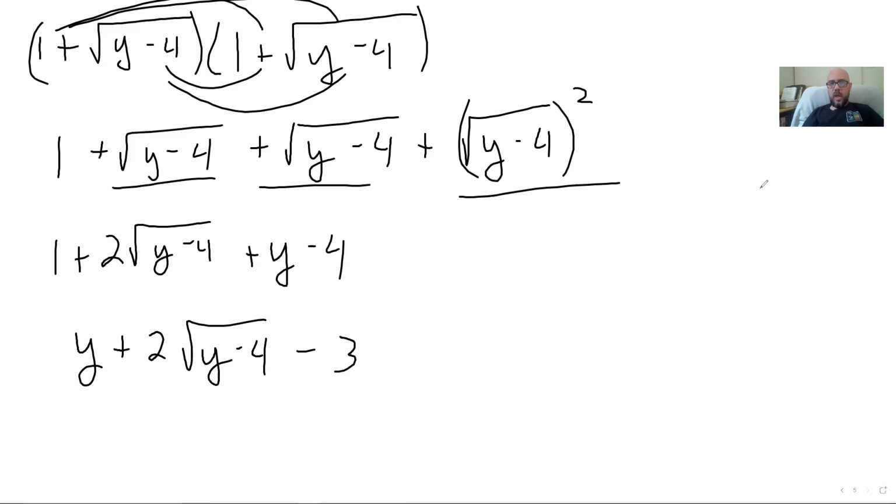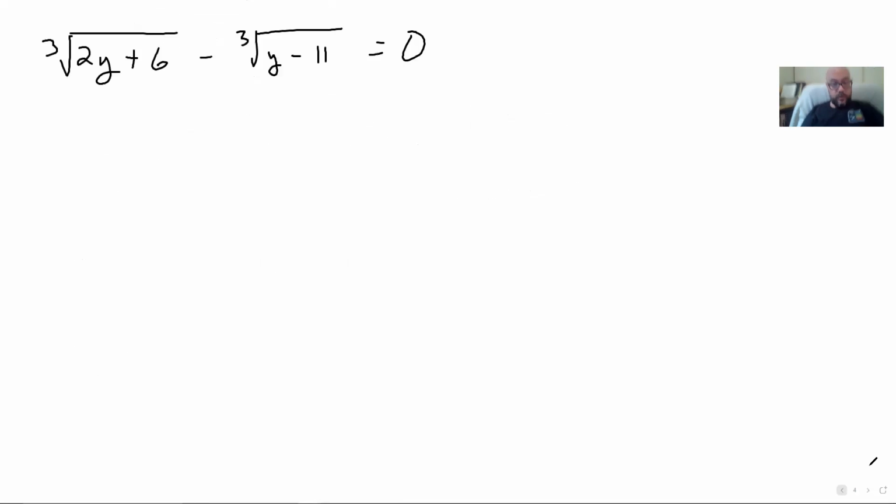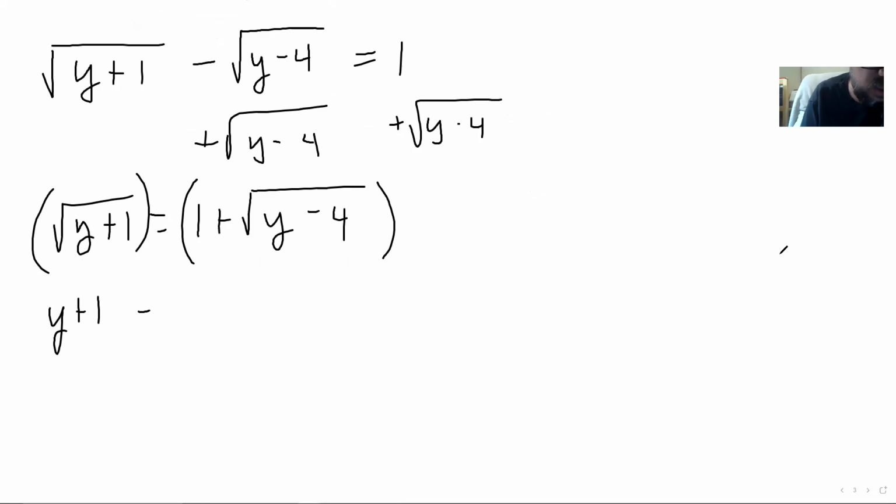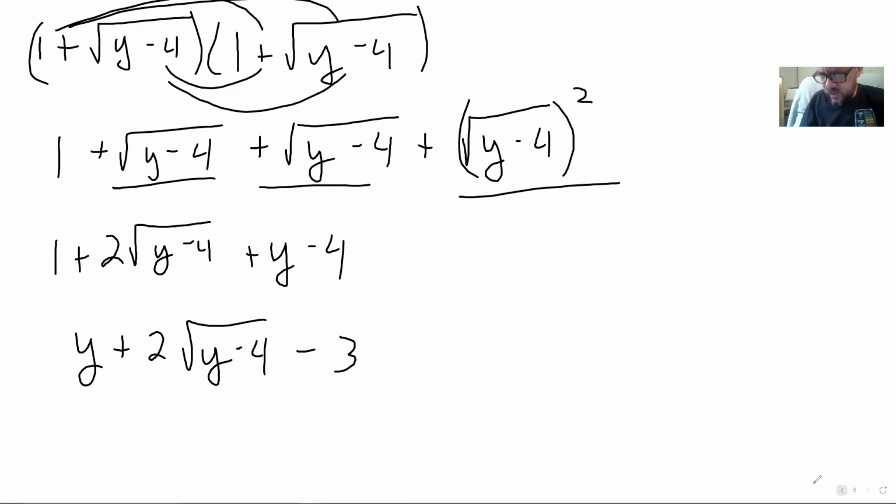Right, so not the nicest looking thing, but that is what we've got. So that's the thing that's gonna go on the right side. Y plus 2 root y minus 4. Was it plus 3 or minus 3? It's gotta be minus 3, right? Sorry, getting forgetful. Yeah, minus 3.